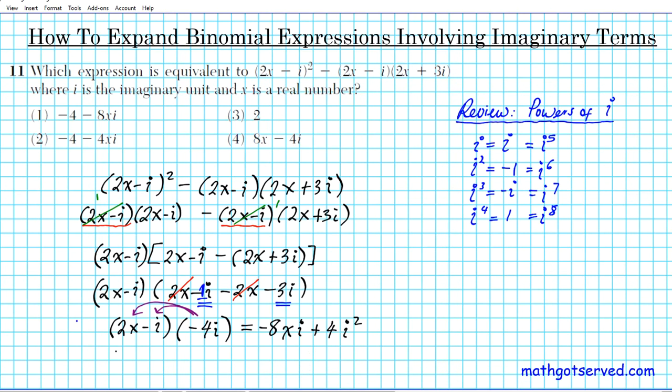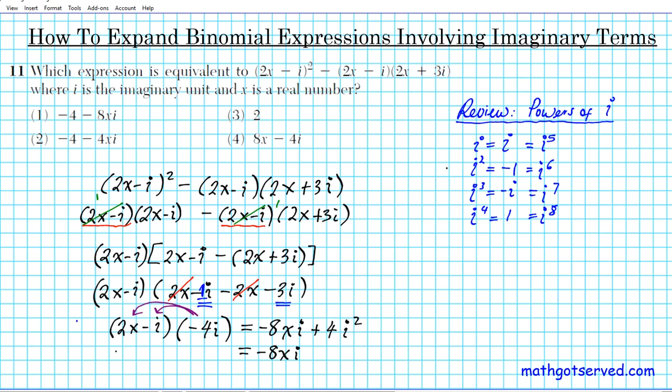So what did we talk about earlier concerning powers of i? We stated that if the power of i is bigger than 1, it should be reduced. Negative 8xi is good. We leave that alone because the power of i is 1. But we have a problem here, ladies and gentlemen. This i has a power that's greater than 1, namely 2.